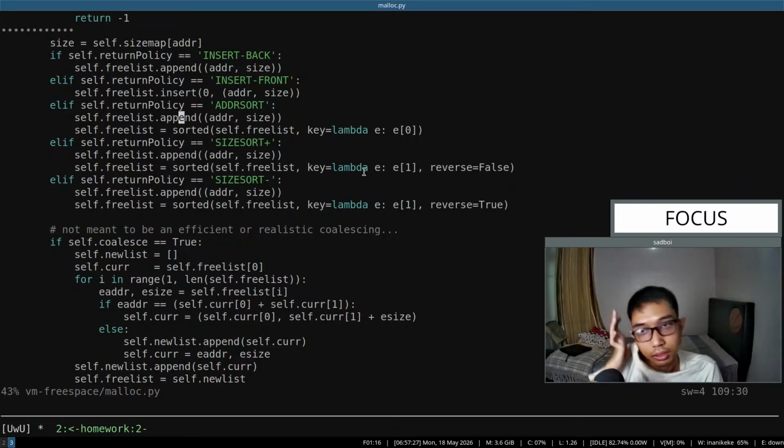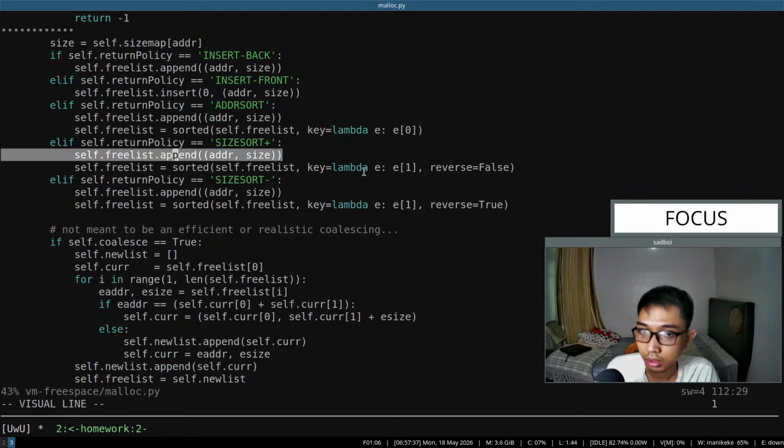Oh, okay. Yeah, we append first and then we sort the list. Okay. Append, sort the list to reverse false. And then reverse true.